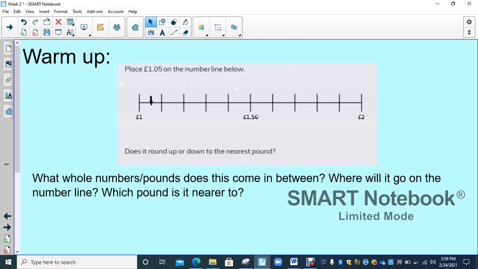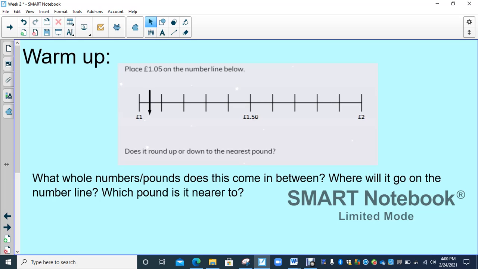Now, I'm presuming that each interval is worth 10 pence. 10, 20, 30, 40, 50 pence. So I would want my 5 pence to go directly in the middle of that first interval because it's showing me where 5 pence is. Now I need to think, does it round up or down to the nearest pound?